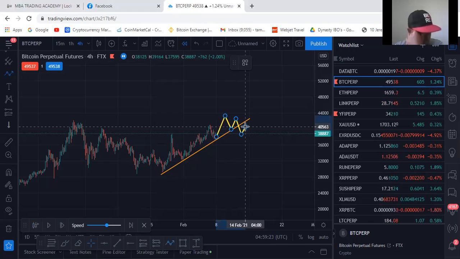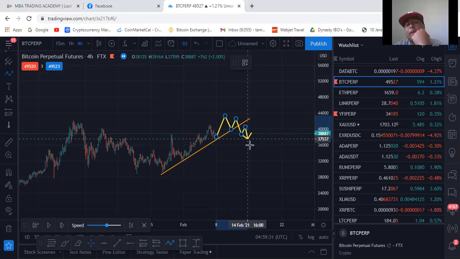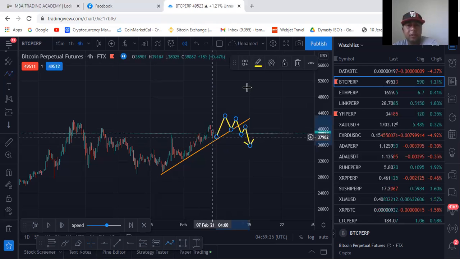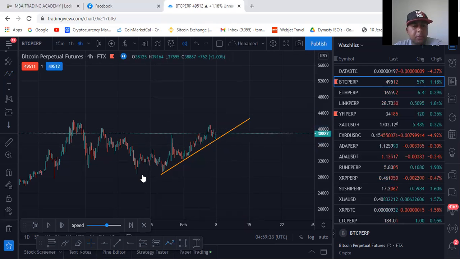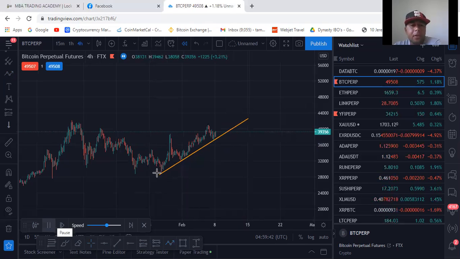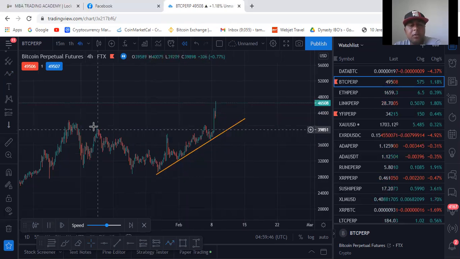Now this is kind of where I'll be looking for a short. Once it breaks out of that trend line here, you want to get the retest and the short. So I'll delete that. But let's just play it anyway to see how we go. You'll see it respect it. Oh yeah, it pops out.